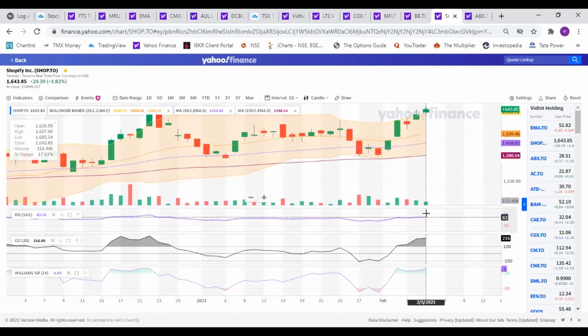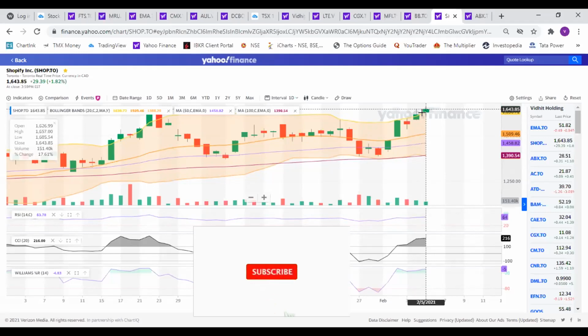Your CCI is at 216 plus, correction expected. Williams R is at minus 4.8, correction expected. Three indicators, two of which are forward, are telling me a correction is expected. What is the Bollinger telling me? You are at the upper Bollinger Band. A correction is expected.